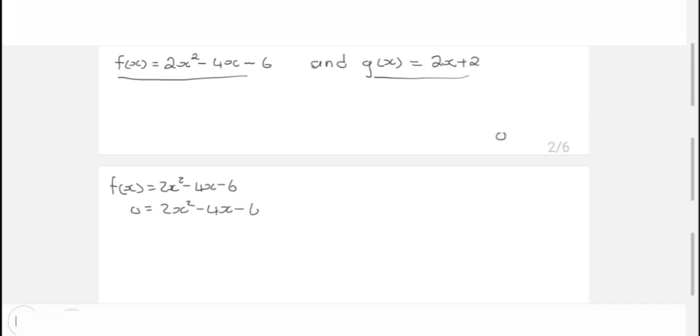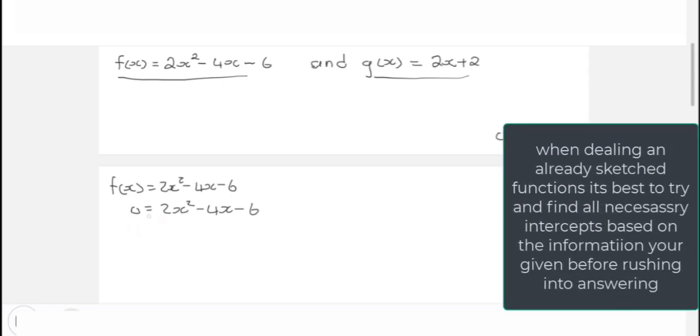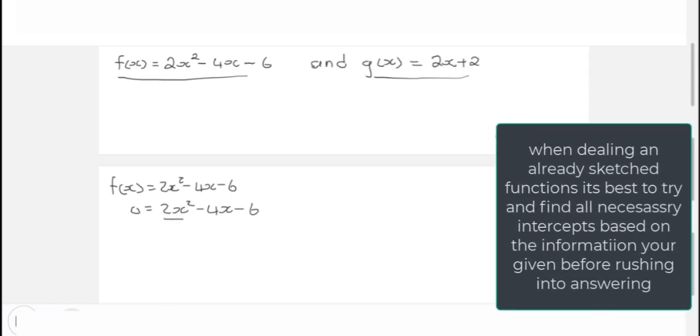Let me just simplify it by writing it like that, because we're solving for x, and when you solve for x, we let y be equal to 0. But this time we're not going to write that, because this will be based on theoretical questions. You can write that if you choose, but if you don't want to, you can leave it out and write the statement. Okay, and then from there, I think we should divide the whole equation by 2.